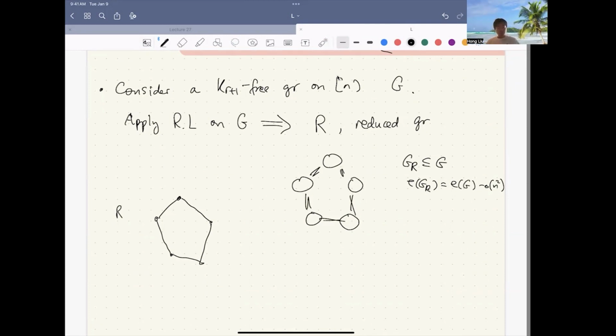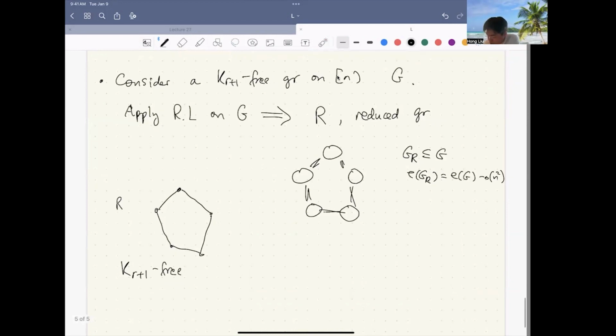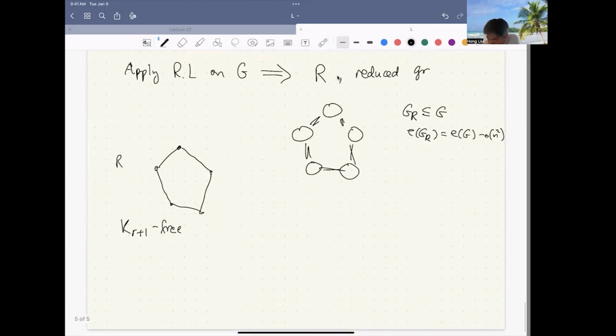First thing to observe is that the reduced graph R must be K_{r+1}-free. So the first thing is R is K_{r+1}-free. This is just by the counting lemma.